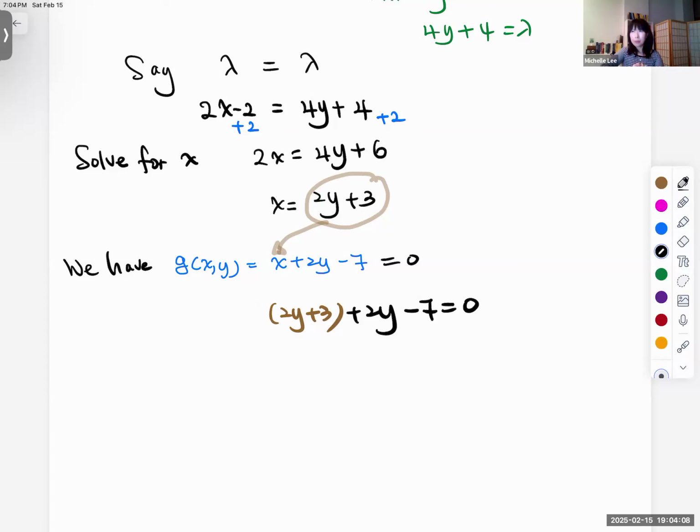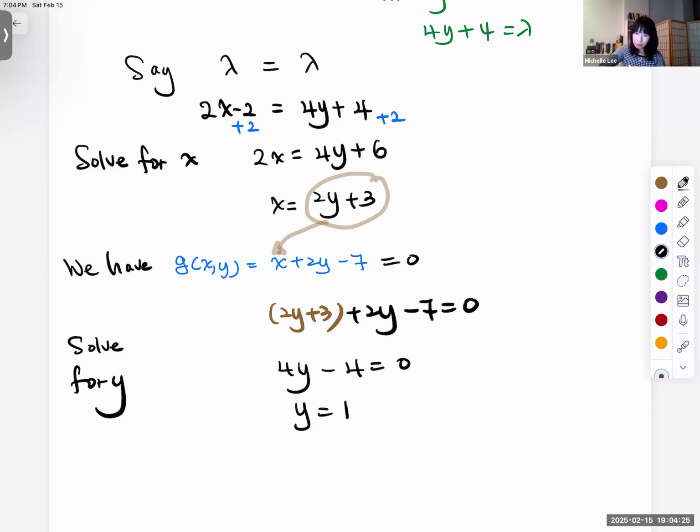Okay, now we can solve for y then, right? This time, solve for y. So we have 4y minus 4 equal to 0. Then y equal to 1, right?